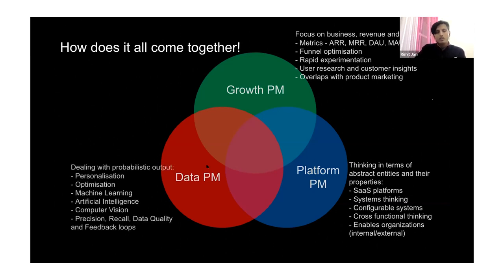Coming to the data PM part, there is a lot of overlap in the skill set, but the unique point here is a data PM would typically deal with probabilistic outputs. So at the end of the day, you're predicting something, right? Again, if you are recommending a product, a lab test, you're predicting based on certain signals, and that prediction may or may not be correct, right?